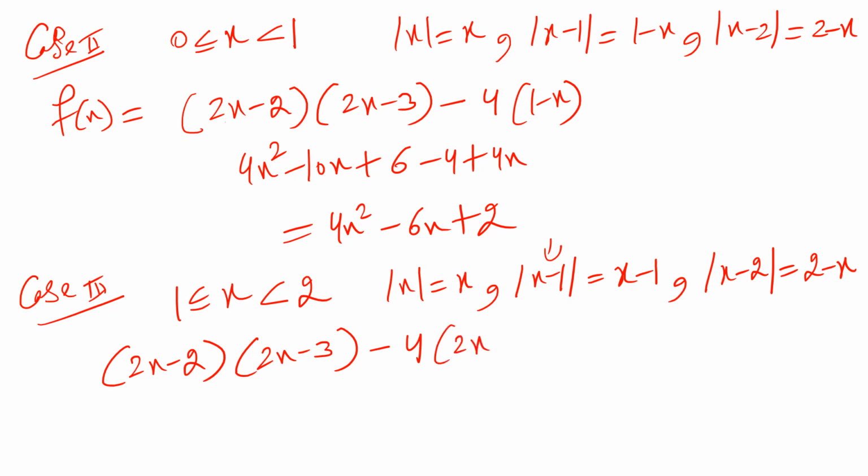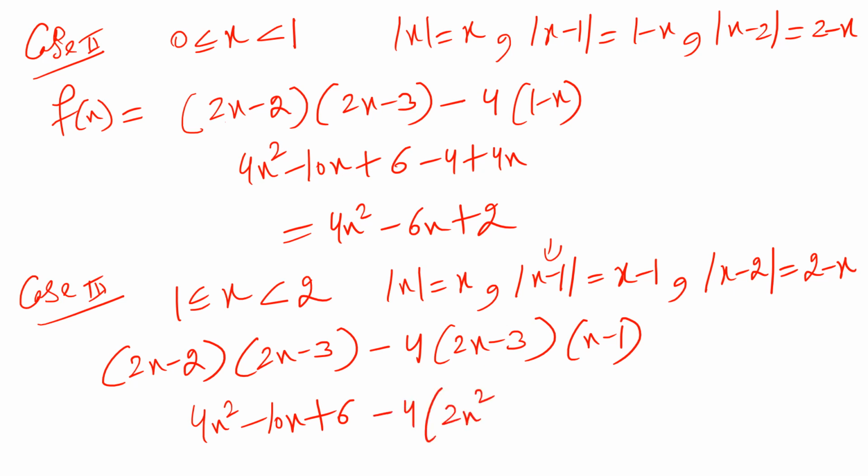So that means 2x minus 3 into x minus 1. So this becomes 4x square minus 10x plus 6 minus 4 times 2x square minus 5x plus 3, that is minus 4x square plus 10x minus 6. Fine.